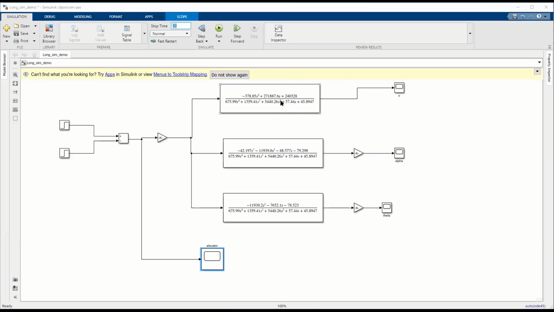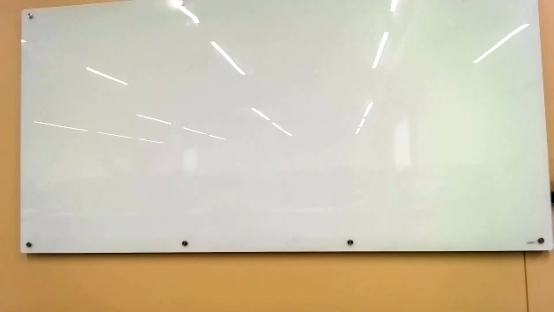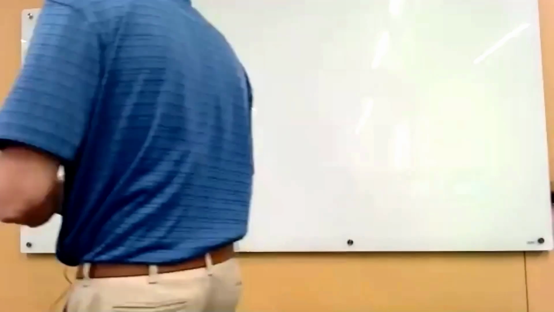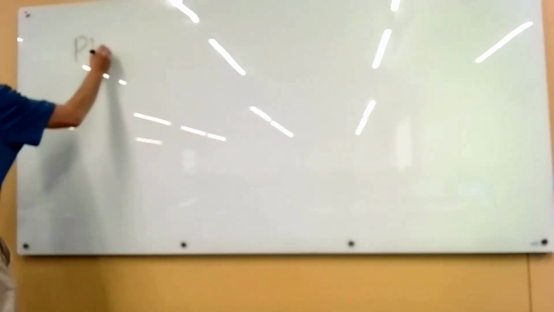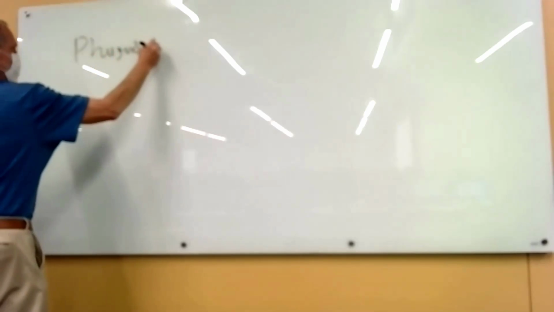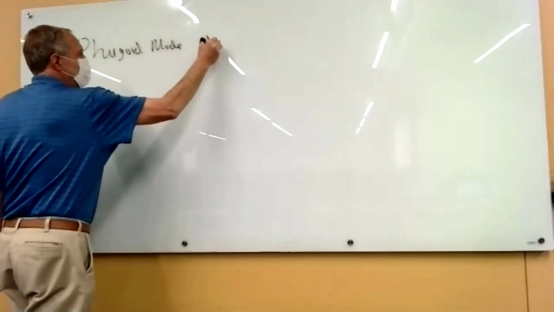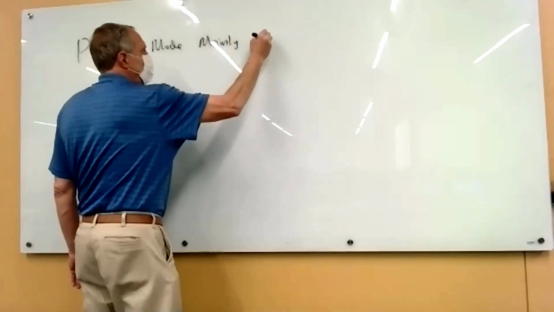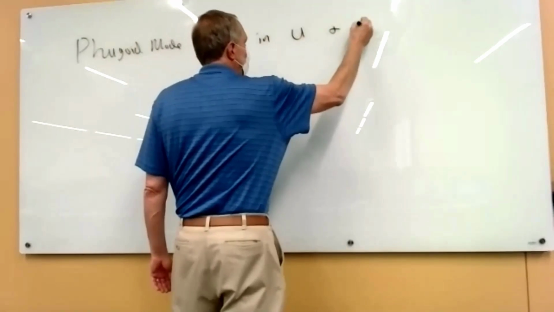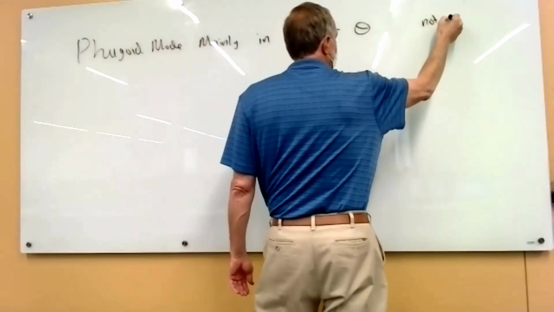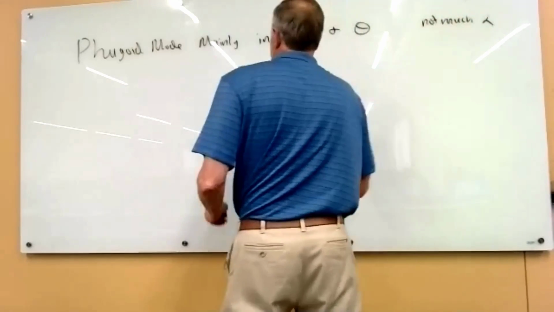So now we want to talk about those approximations. But I want to write that on the board real quick. Because what we observed from those plots, and people saw this in experiment as well, is that the Phugoid mode was mainly in the velocity and theta, not much angle of attack.